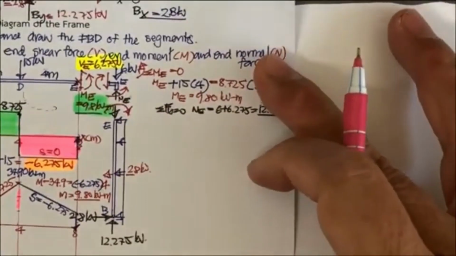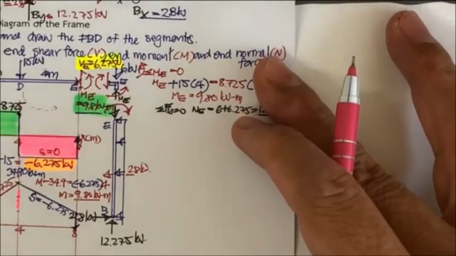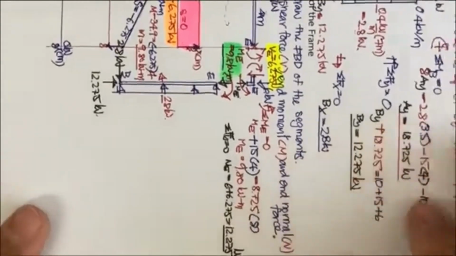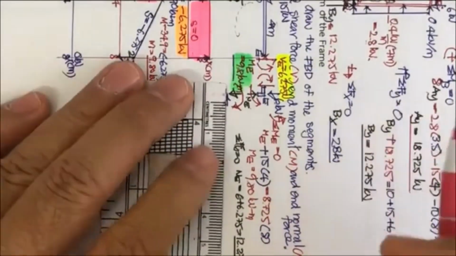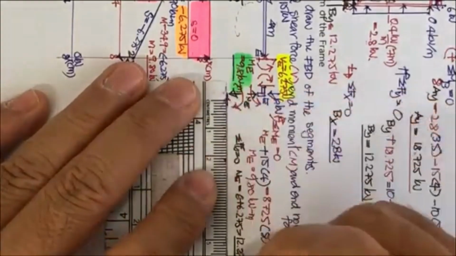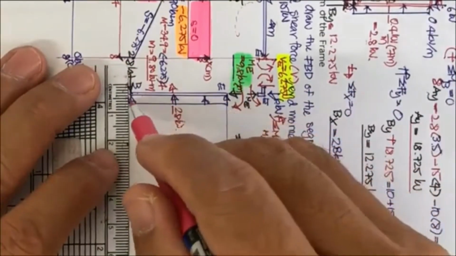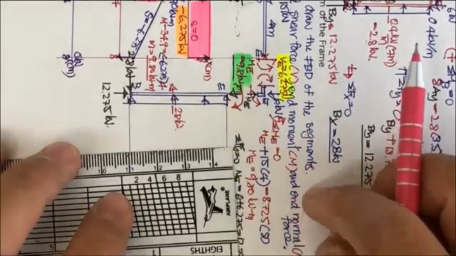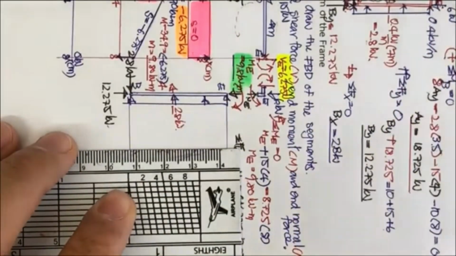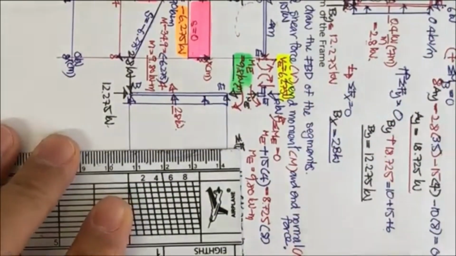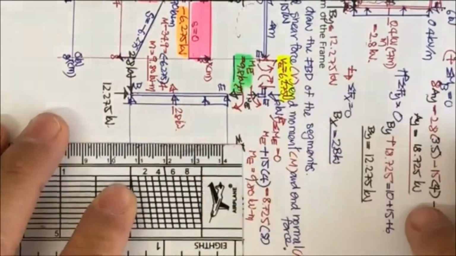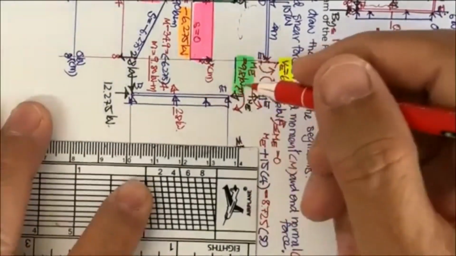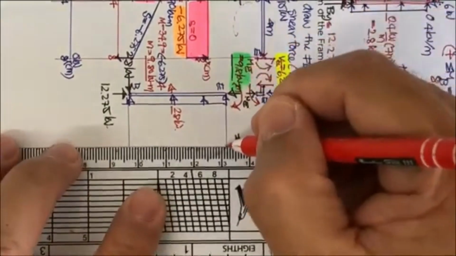The final one, we have the column again, and it's better to rotate this in this direction. Then we draw the line for it. What we have here is again the shear diagram, and we put the shear diagram in this horizontal direction.